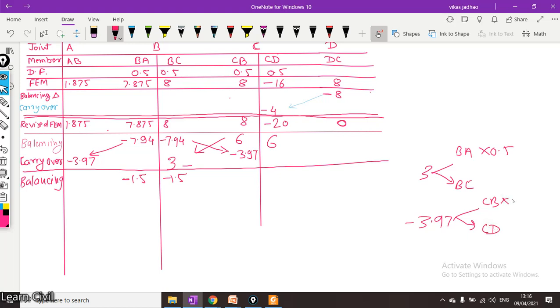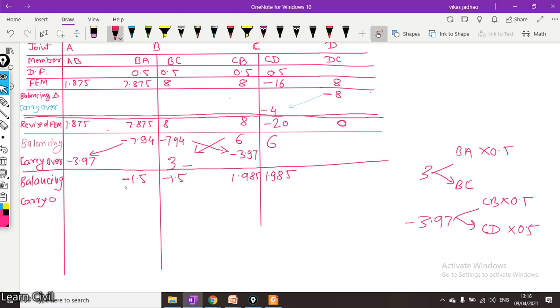Because the distribution factor here is 0.5. So multiply this with 0.5, and this will be 1.985 and 1.985. Next step will be carryover.